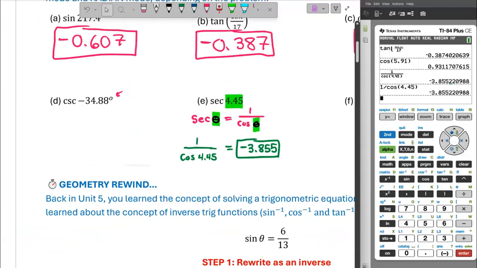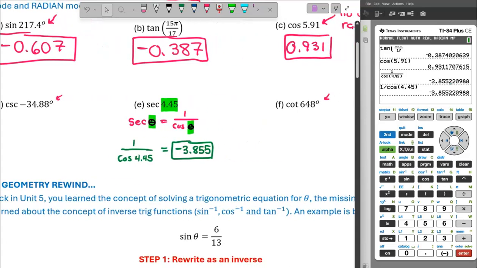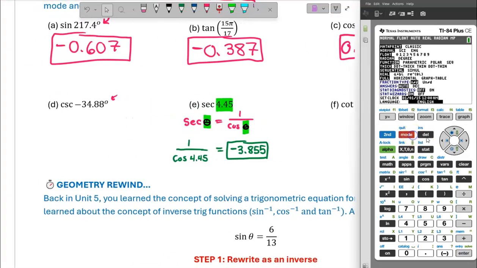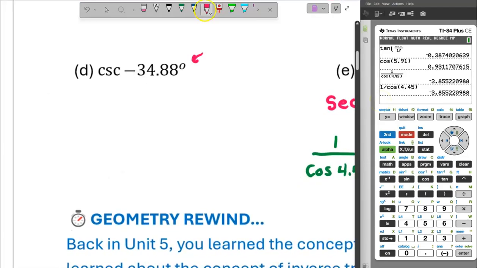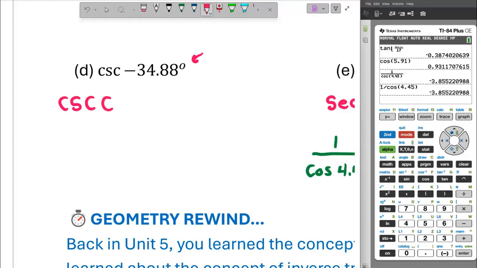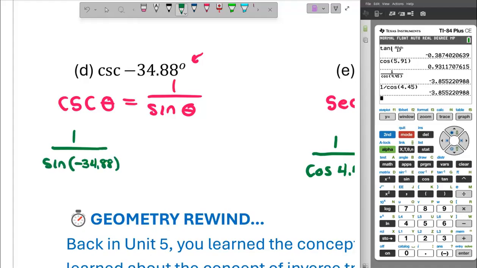All right, 2 more for this first part of the lesson. We have cosecant. Now we're back in degree mode for these last 2, so let's go ahead and switch my calculator back to degree mode. Done. All right, and so for this one, just like the last one, we have to figure out what the reciprocal of cosecant is, which we know is going to be sine. So the cosecant of theta is equal to 1 over the sine of theta, and so what I will be evaluating in my calculator instead here is 1 over the sine of negative 34.88 degrees.